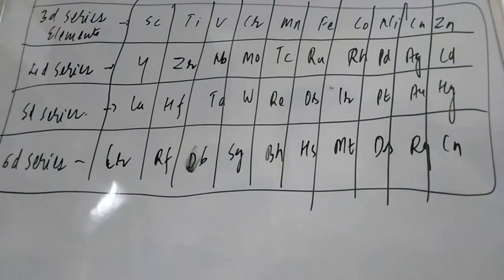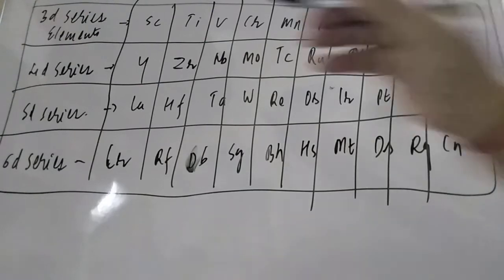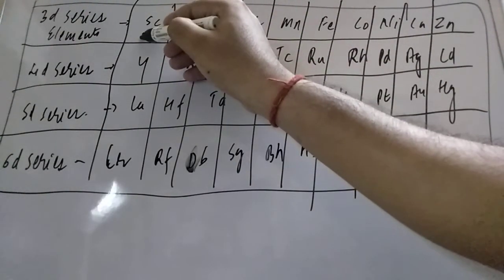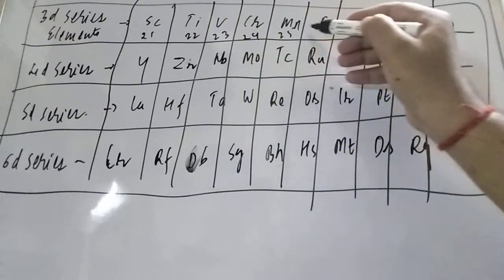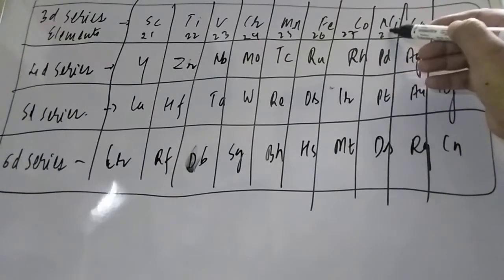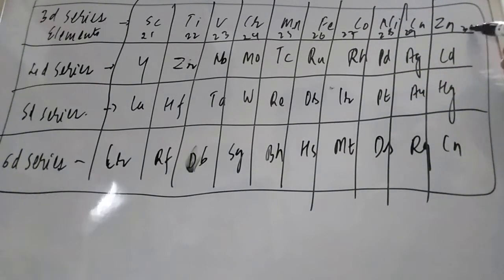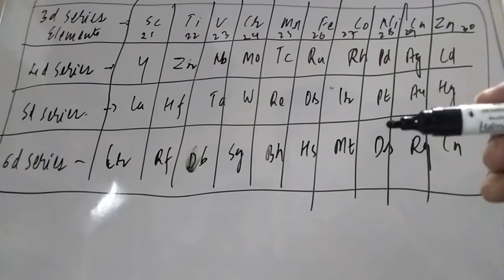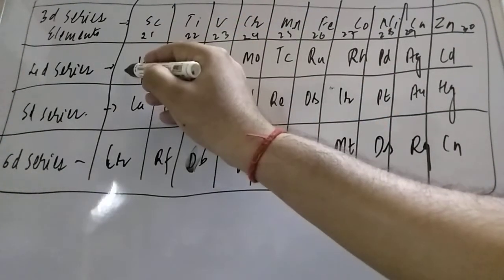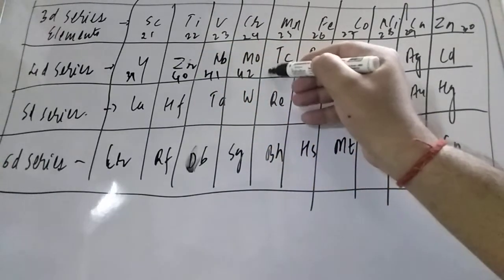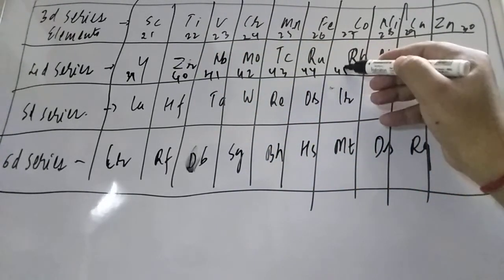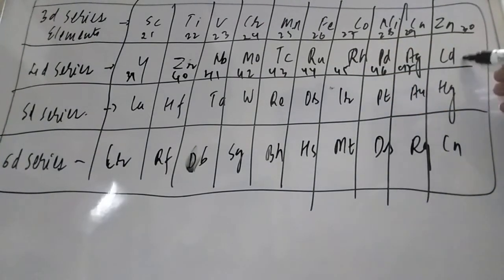When you study this, you will be able to understand their atomic numbers. For the 3D series, the atomic numbers are 21, 22, 23, 24, 25, 26, 27, 28, 29, and here 30. For the 4D series, it starts from 39: 39, 40, 41, 42, 43, 44, 45, 46, 47, and 48.